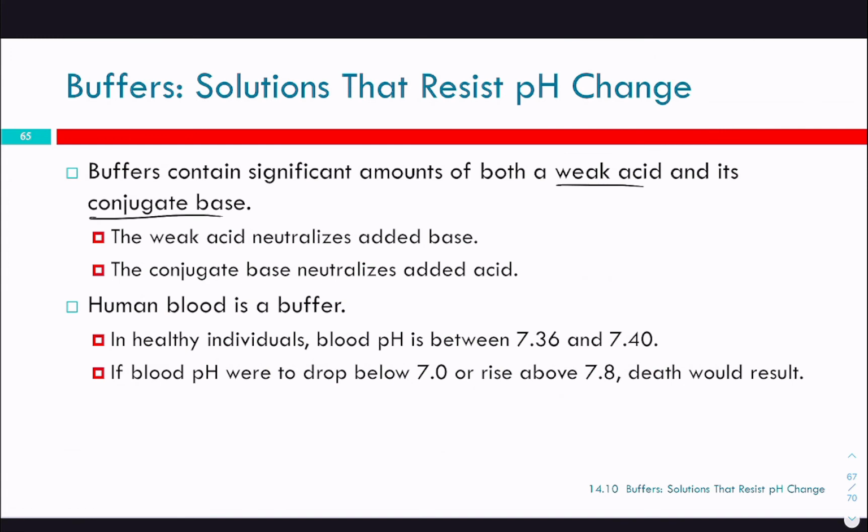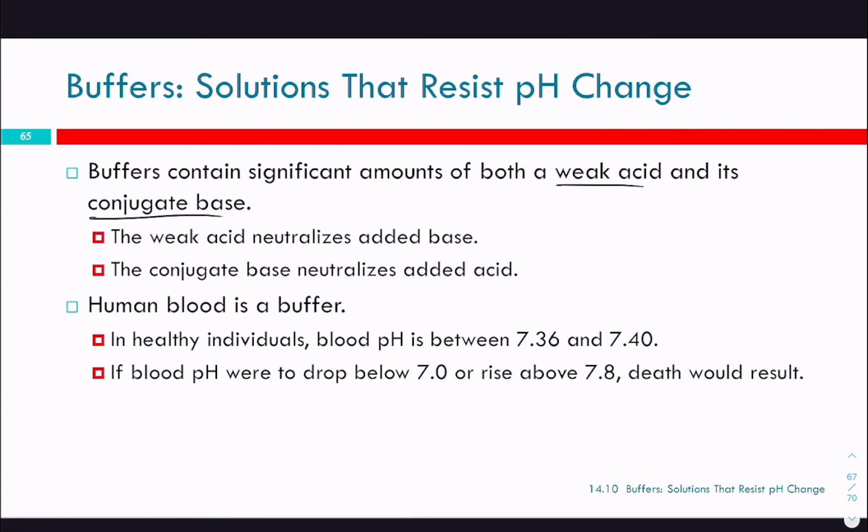If you add acid to the solution, that gets neutralized by the weak base. If you add base to the solution, it gets neutralized by the weak acid. So anything that you do that might change the pH of the solution gets countered by the high concentration of weak acid or its conjugate base.